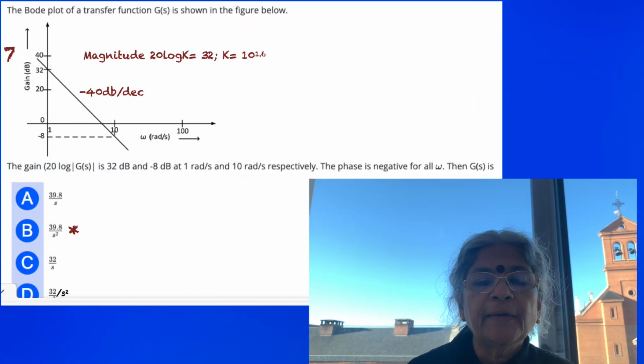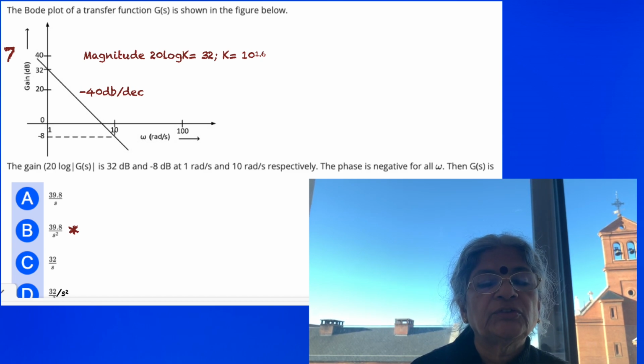Okay, let's go to the 7th problem here. What do we have here? Again, a Bode plot with a descent of minus 40 dB per decade. Why? Because it's going from 32 to minus 8. The Bode plot of a transfer function G(s) is shown in the figure below. The gain 20 log G(s) is 32 dB and minus 8 dB at 1 radian and 10 radians respectively.